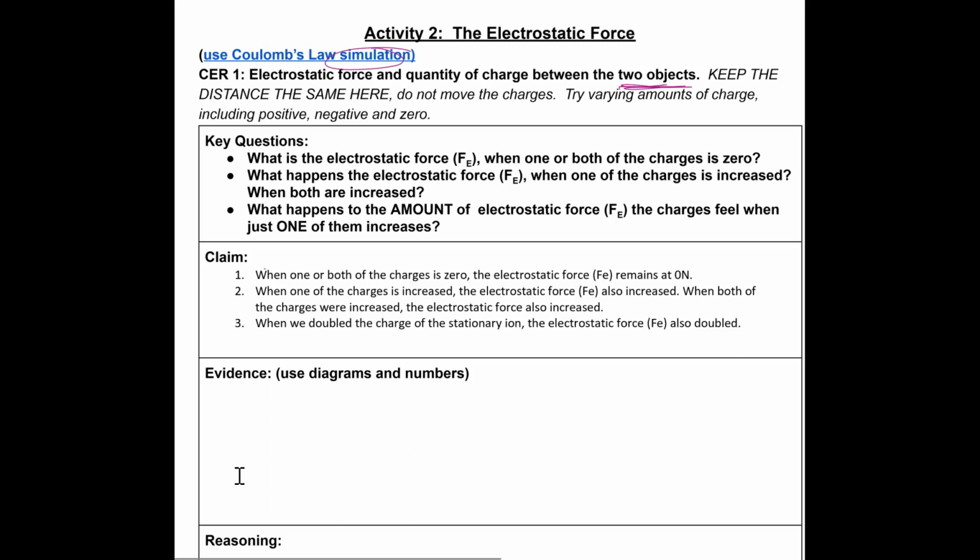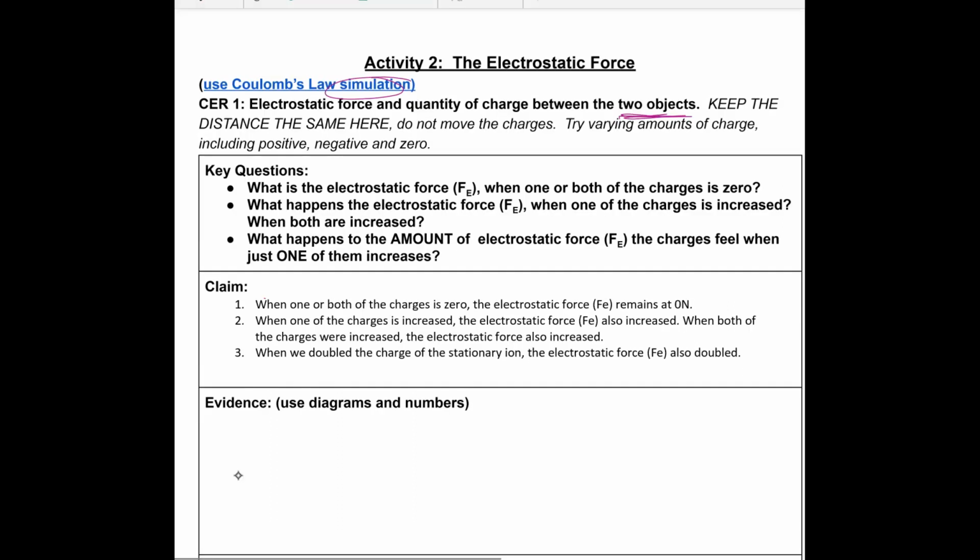All right, so now in our evidence section, we saw this happen. So let me go ahead and put, for number 1, the stationary ion here was +1.